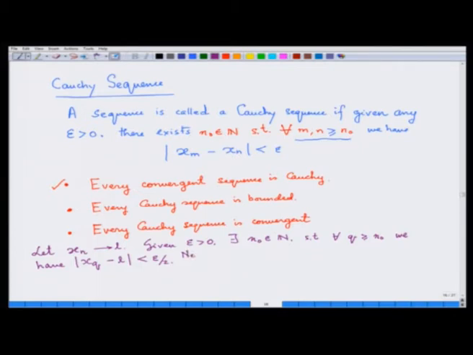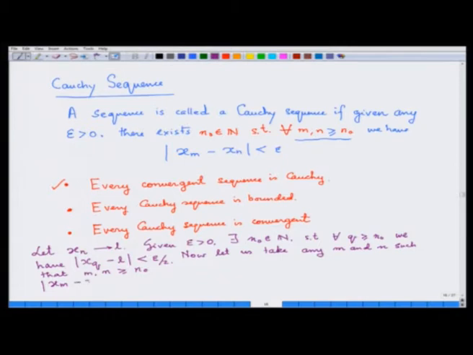Now, I am trying to use the epsilon-delta language to just solve a problem. Do not think of it as some theorem, you are just trying to solve a problem in calculus. So, now let us take any m and n greater than n naught. Let us look at what I would have.